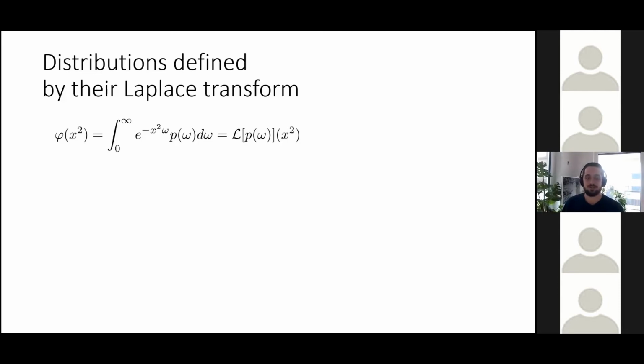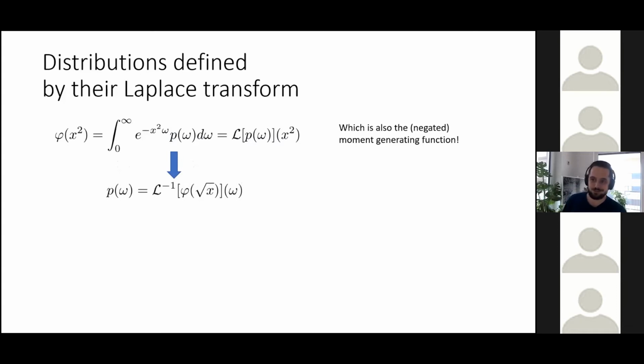The Laplace transform is like the Fourier transform, but in real space. And it's also, and this is going to be important later, just a negated moment generating function of p of omega. Moment generating functions are absolutely amazing tools, as are cumulant generating functions, and we're going to use that later. So the simple answer is that p of omega is just the inverse Laplace transform of phi.